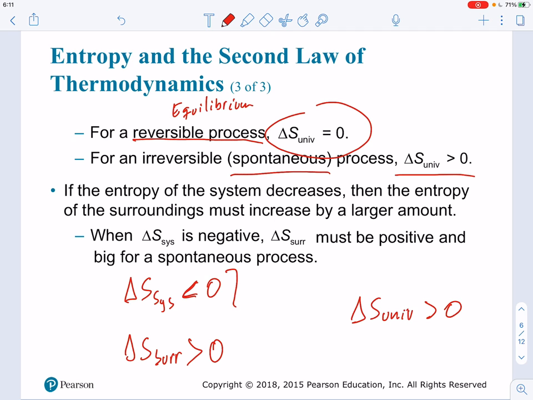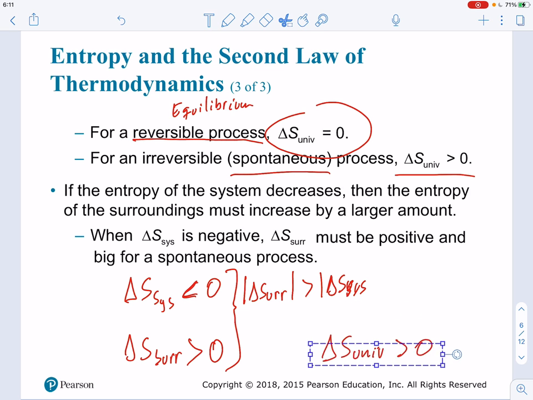If you have this condition, a negative change in entropy for the system and a positive change in entropy for the surroundings, and the absolute value of this is larger than the absolute value of the change in entropy for the system, and let's take this down here.